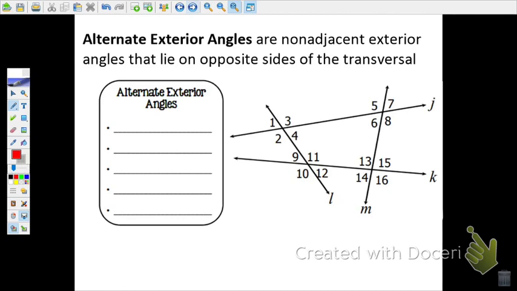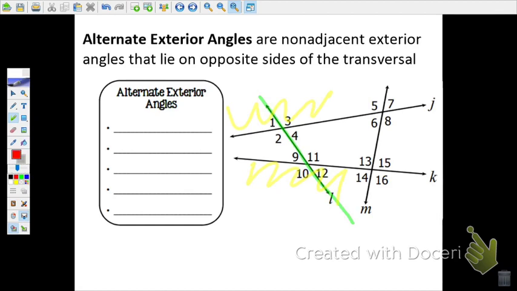Another group that you might be asked to identify is an alternate exterior group. So again, we look at that transversal. This time we're using exterior angles instead of interior. Exterior is outside of the 2 lines, but again, opposite sides of the transversal.